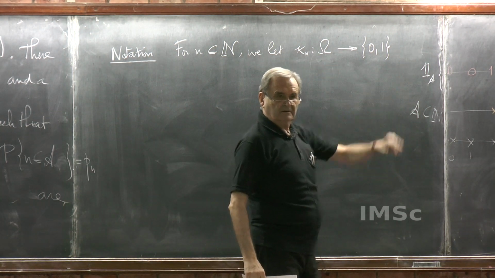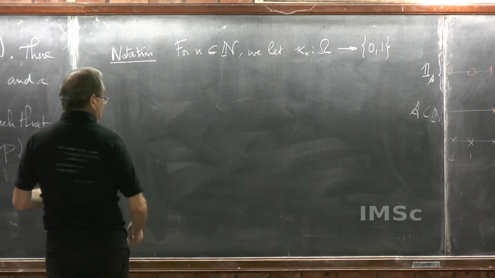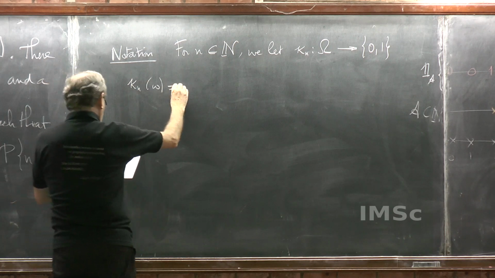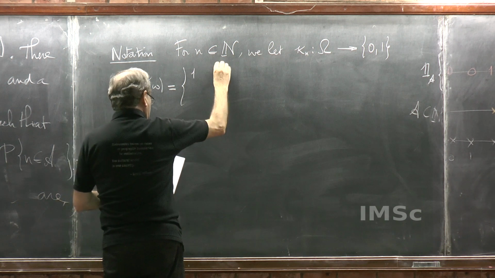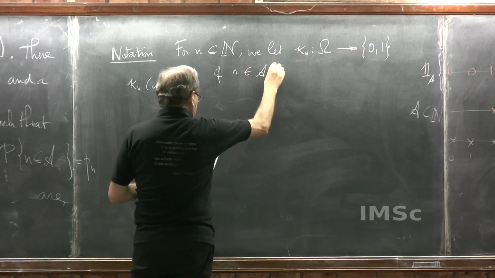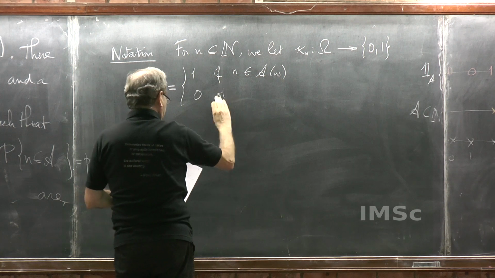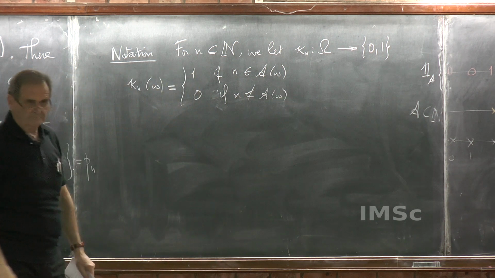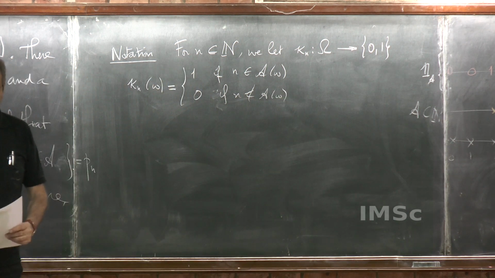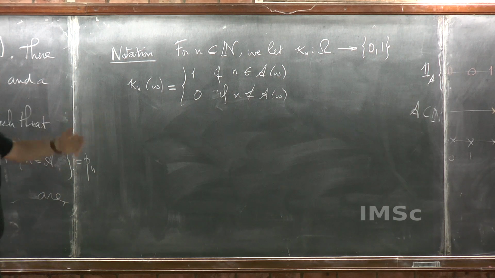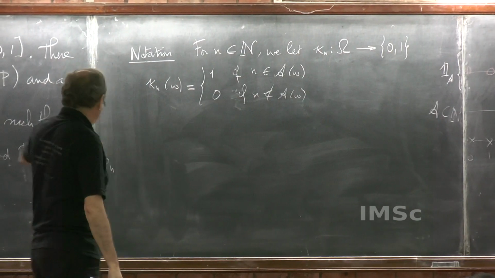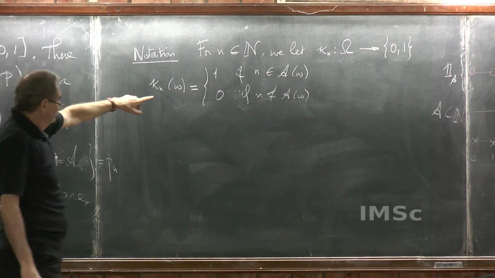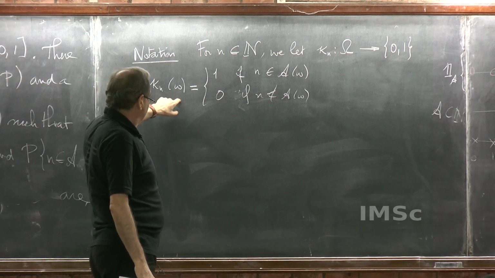When you have n, you say whether you are in the business or not, which is defined in the following way: kn of omega is equal to 1 if n belongs to A of omega and 0 otherwise, if n does not belong to A of omega. So this is a random variable because it is a set which is defined. Well, you have to see that the reciprocal image of that is in tau, and this is ensured by that. So kn of omega is this.